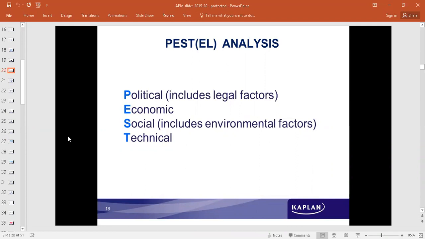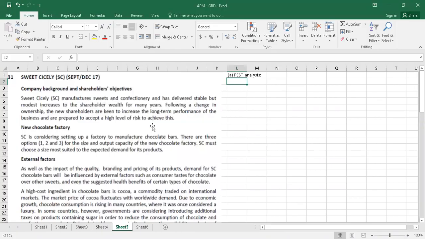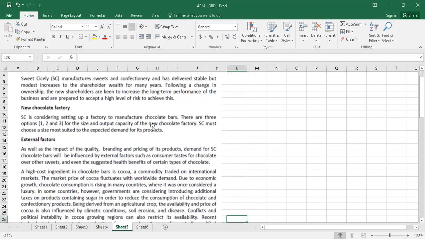E will go with economic factors and the social factors. Now we have to identify the political, economic, social, technological factors. Let's keep identifying what are the points here.